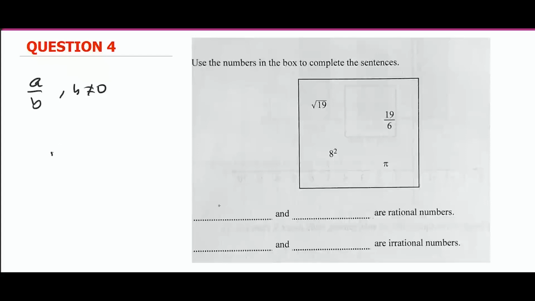So 19 over 6 will be here. Then the second one will be 8 squared, because 8 squared is 64, and 64 could be written as 64 over 1 as a fraction. The irrational numbers there will be root 19 and pi here. So that will be the solution to this question.